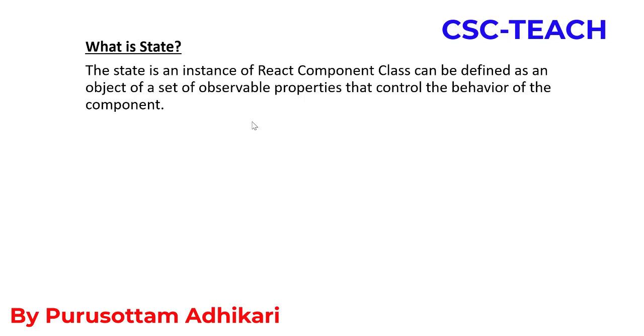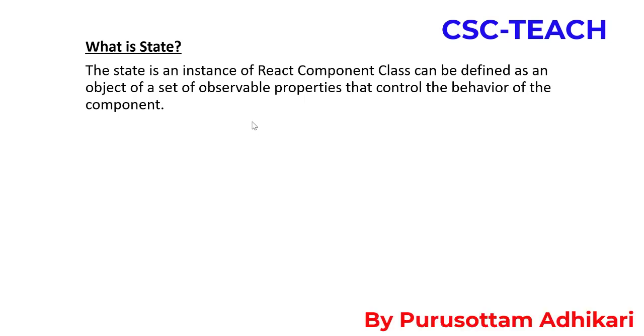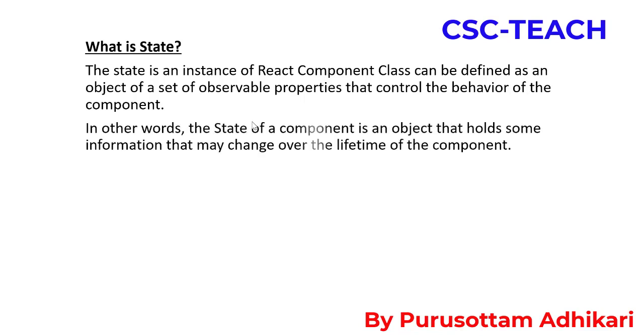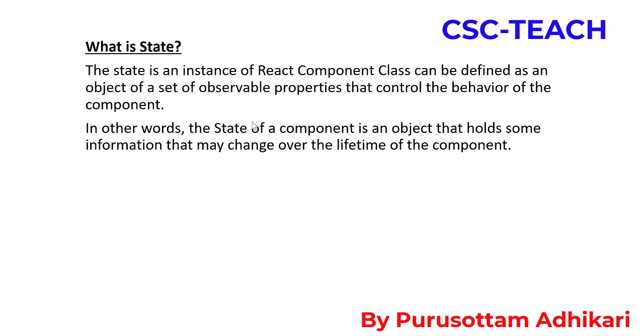State is a built-in object in React. The state object is where you store property values that belong to the component. In other words, the state of a component is an object that holds some information that may change over the lifetime of the component.